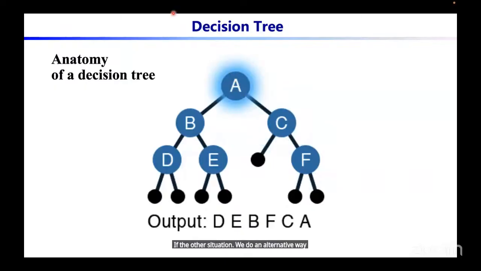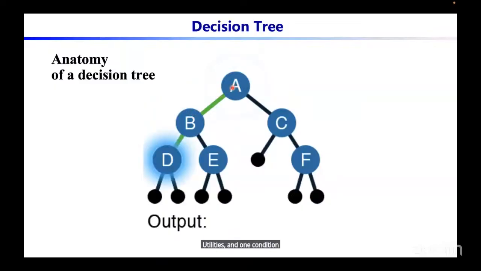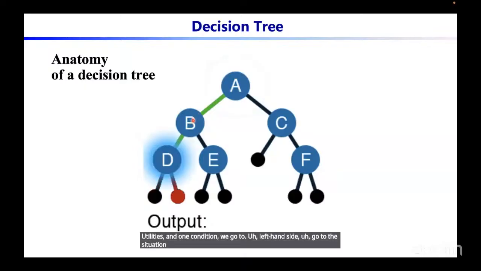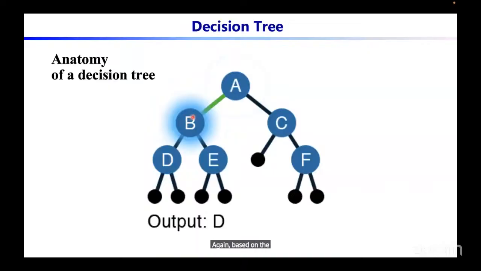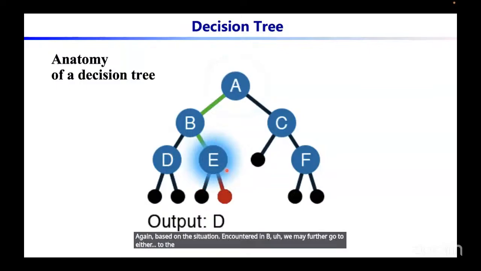So we have this situation, we start from A. If it is on one condition, we go to the left-hand side, go to situation B, and then again, based on the situation encountered in B, we may further go to either D or E, and then again, depending on the situation.